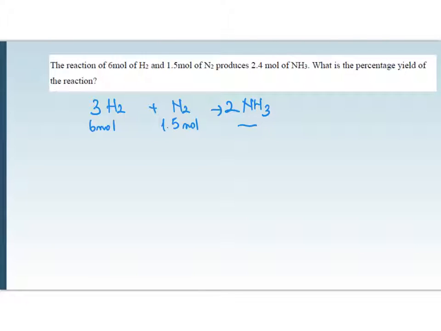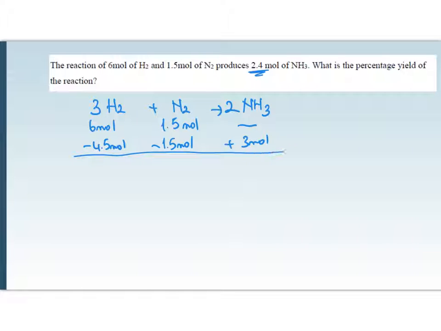Now first, please forget about this 2.4 mole. So what would it look like if this is 100% yield? In this case, probably all of the nitrogen would be consumed, where some amount of hydrogen is excess and some amount of ammonia is produced.